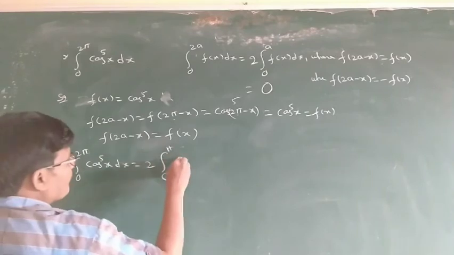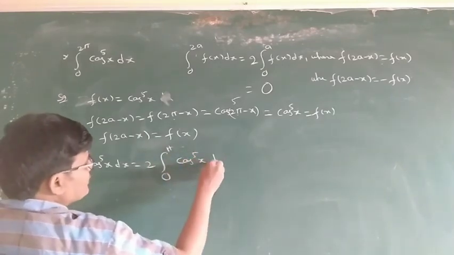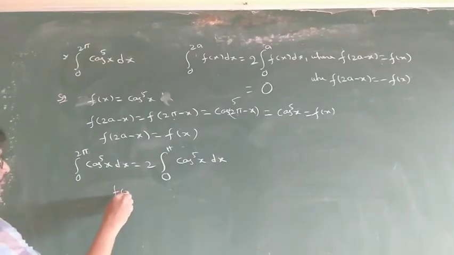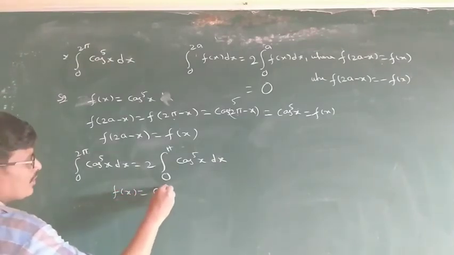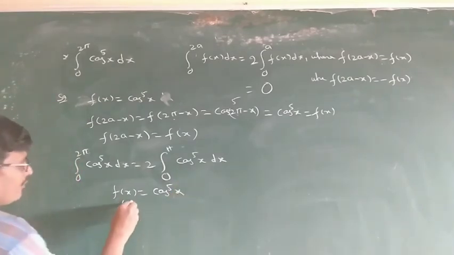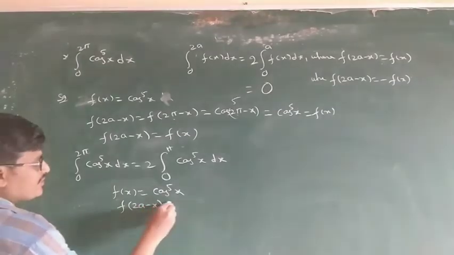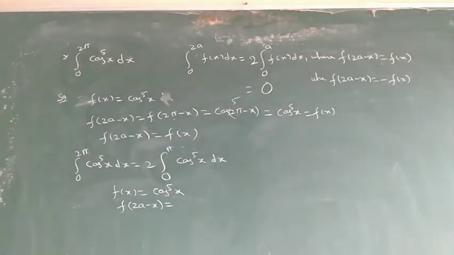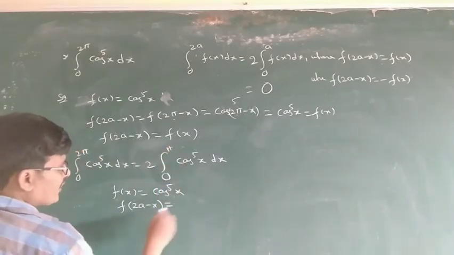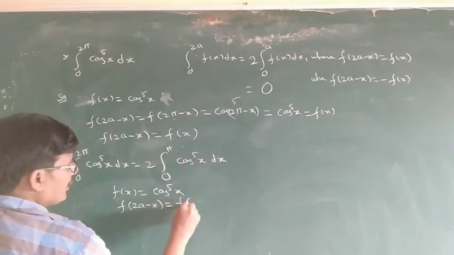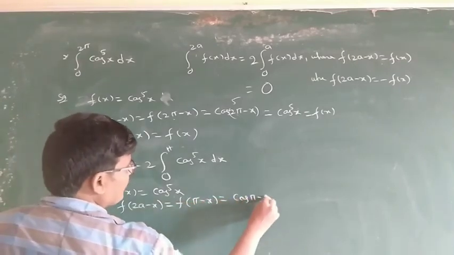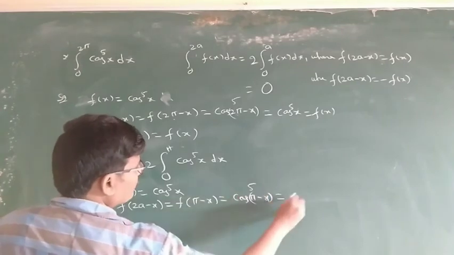That is, 2 into integral 0 to pi of cos power 5x dx. Again apply the formula. F of x is equal to cos power 5x. So f of pi minus x is equal to cos of pi minus x whole power 5.